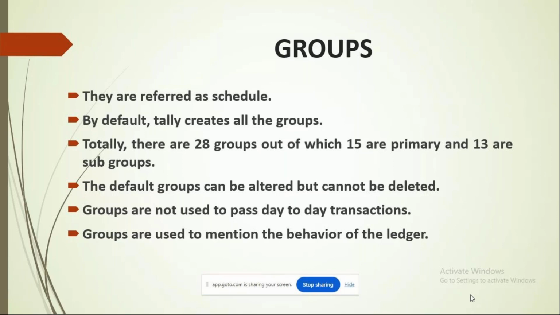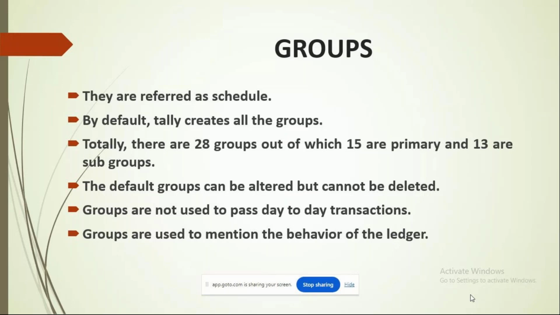So totally, how many groups does Tally software give us? It gives us 28 groups, out of which 15 are primary groups and 13 are subgroups. The default groups can be altered but cannot be deleted.